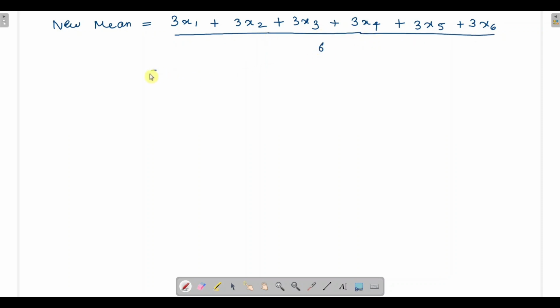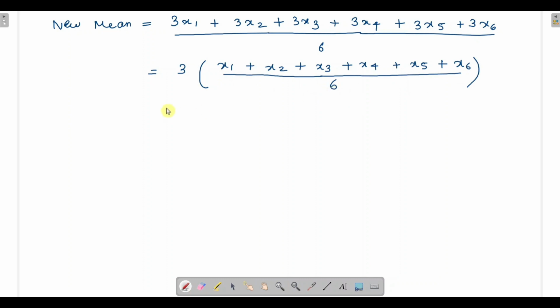Now we can take 3 common from all the 6 observations. So we get 3 times (x1 plus x2 plus x3 plus x4 plus x5 plus x6) divided by the number of observations, that is 6.